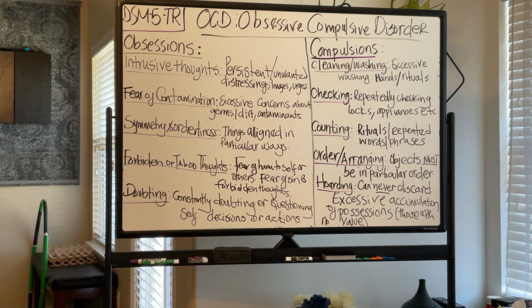So if you have someone that experiences intrusive thoughts about harming a loved one, or engaging in socially unacceptable behavior, that would be considered taboo. Those thoughts are causing them extreme distress and guilt, so that would be considered a symptom.